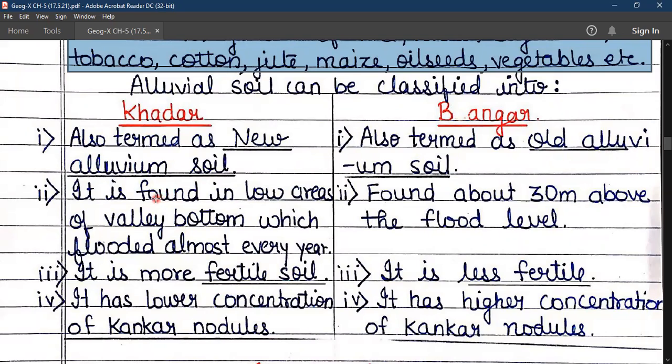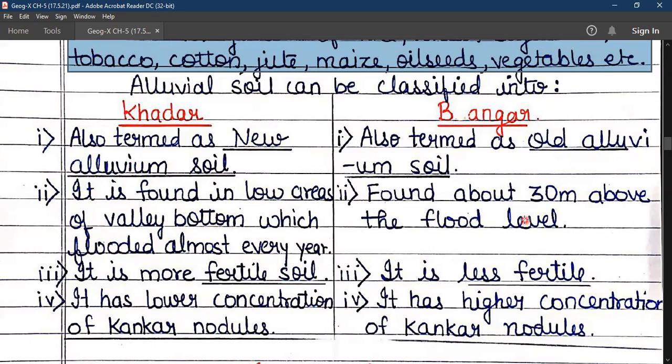Khadar soil is found in low areas of valley bottom, which are flooded almost every year, whereas Bangar is found about 30 meters above the flood level.